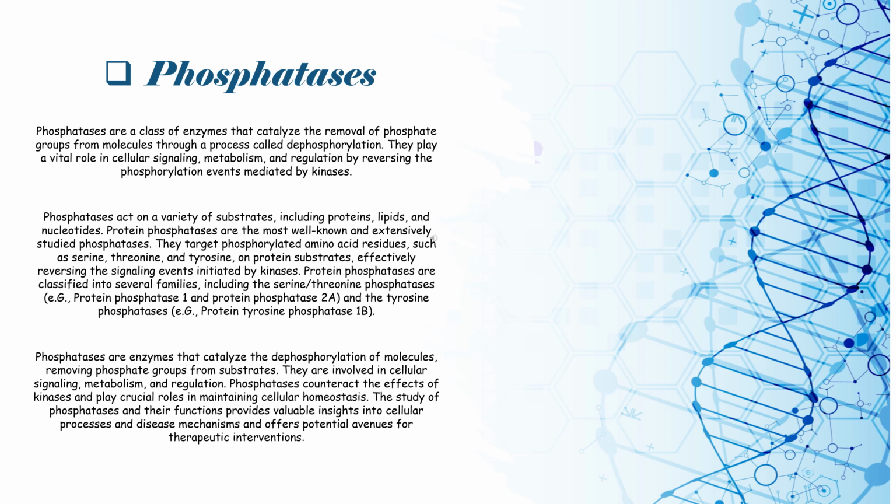They target phosphorylated amino acid residues such as serine, threonine, and tyrosine on protein substrates, effectively reversing the signaling events initiated by kinases. The study of phosphatases and their functions offer potential avenues for therapeutic interventions.